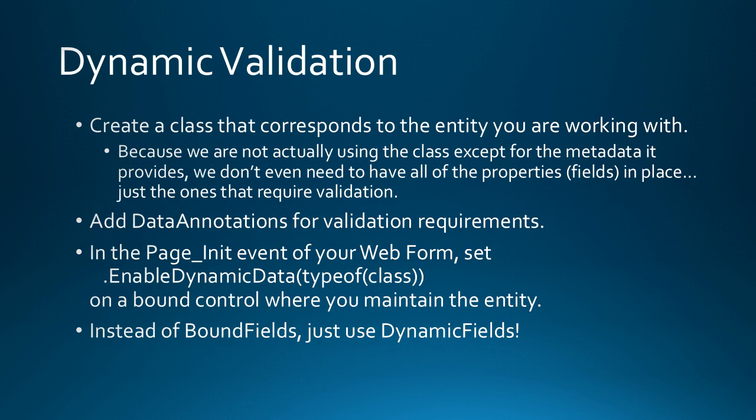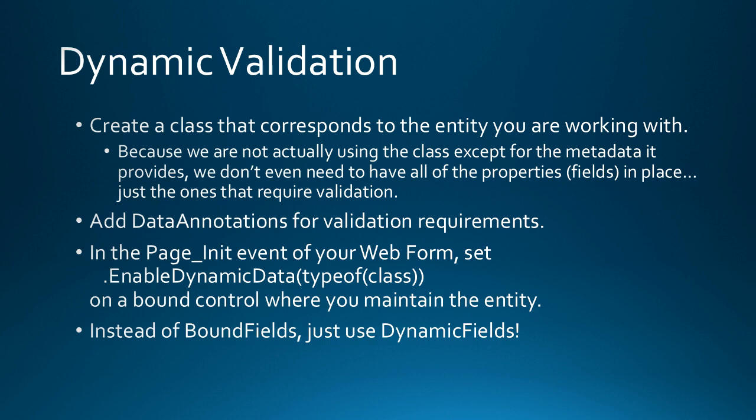What we have to do then is create a class. This metadata is based on knowing information about the class. The class should correspond to the entity that we're working with. Think of a database table, whether it's patients or doctors or players or teams or leagues or whatever that entity is. Now, because we aren't using this class for anything else but providing metadata, we can be really sloppy.